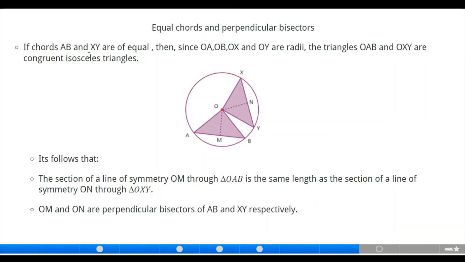Now, equal chords and the perpendicular bisector of a circle. Remember we located a chord in the previous picture, around the upper part of the circle.